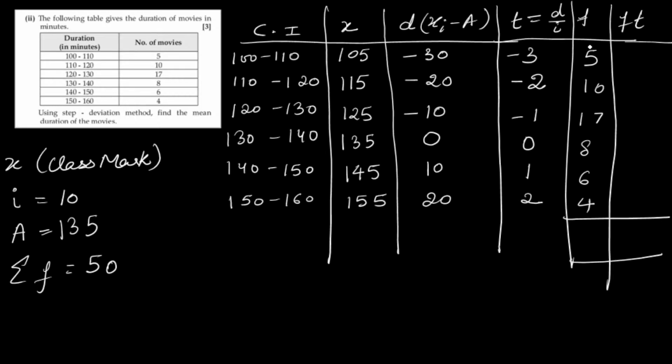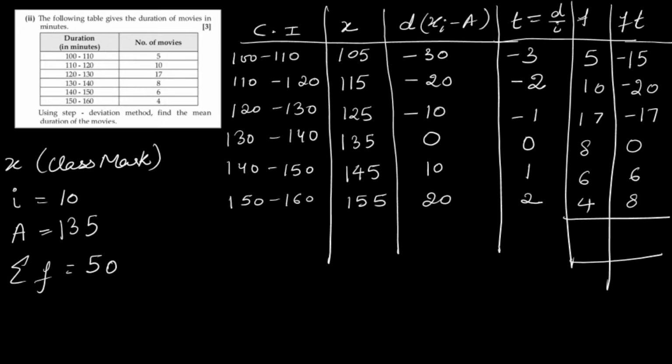Now we will find ft, which means f into t. Minus 3 into 5 is minus 15. Minus 2 into 10 is minus 20. Minus 1 into 17 is minus 17. 0 into 8 is 0. 6 into 1 is 6. 4 into 2 is 8. So we have minus 15, minus 20, minus 17, 0, 6, 8.